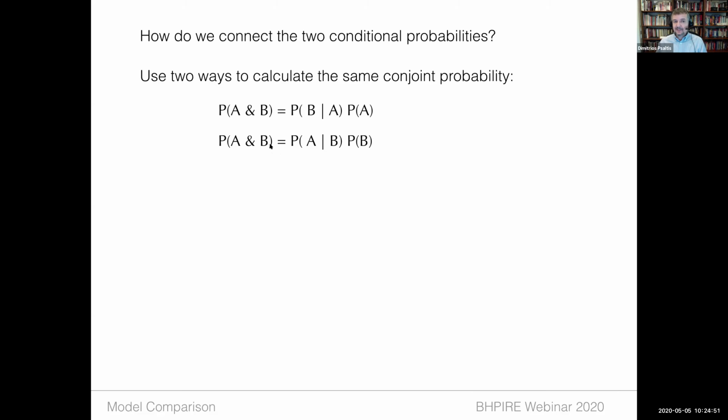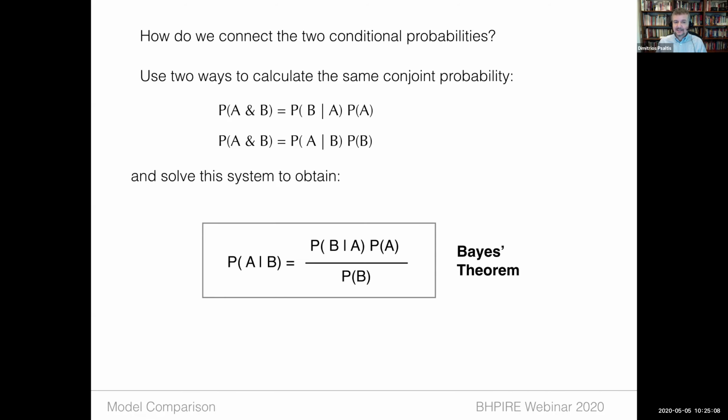But I can do the same calculation by flipping the order. The joint probability is the chance that B is true, and if B is true, A is also true. And those 2 left-hand sides have to be the same. I equate the 2 left-hand sides, that means the right-hand sides are the same, solve the problem, and I effectively just proved Bayes' theorem in 1 line.